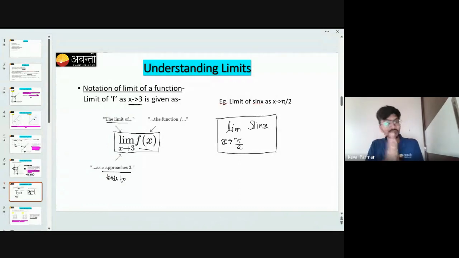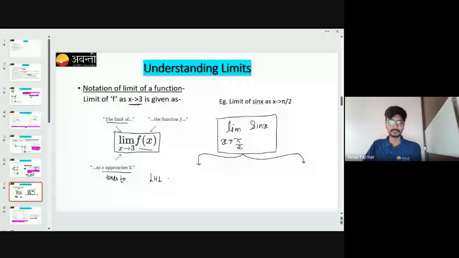Now, what is the algebraic notation of left hand limit and right hand limit? Let me tell you. This can be split into two parts. As we know, we calculate limit from left hand side and from right hand side. From left hand side, it is called left hand limit.